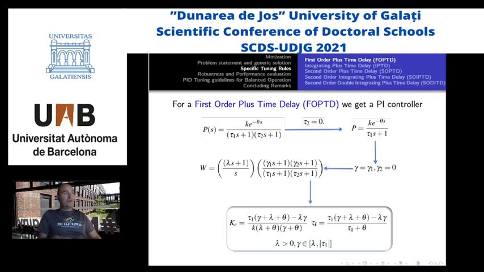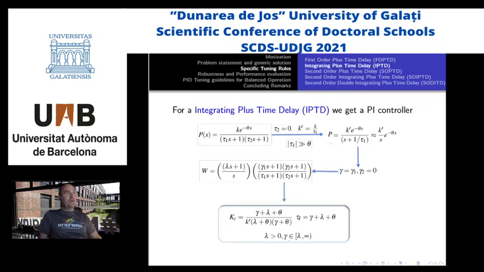You can get the same if you apply a different particularization of the base case. In this case, if you want to get an integral plus time delay controller. Okay, so you summarize the changes, you get the particular case, you apply the changes in the weight, you generate the corresponding tuning. Okay, so all these slides are optimal generic tunings, lambda gamma dependent, for the weighted sensitivity problem for the particular case that is shown in blue in the slide, integrating plus time delay.